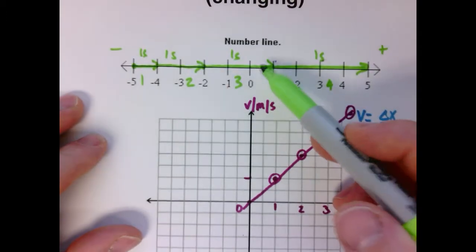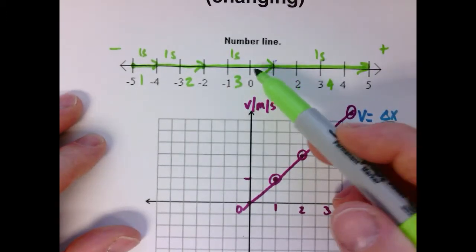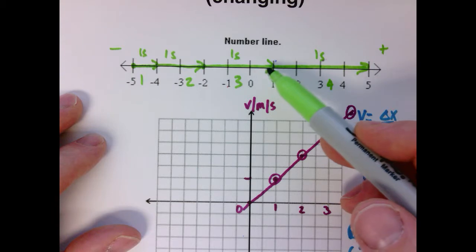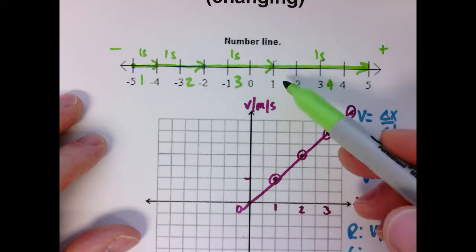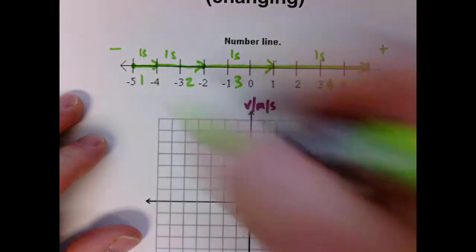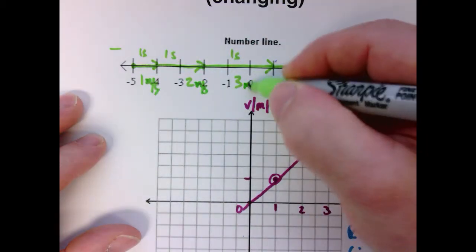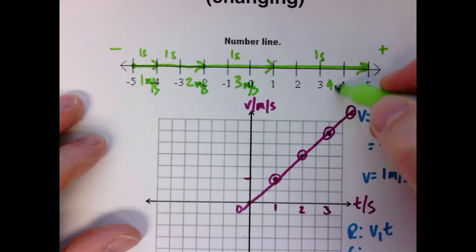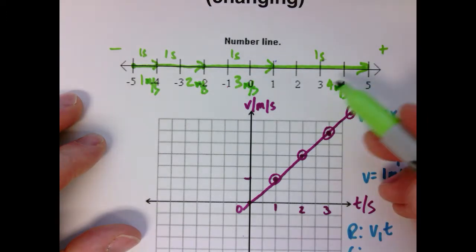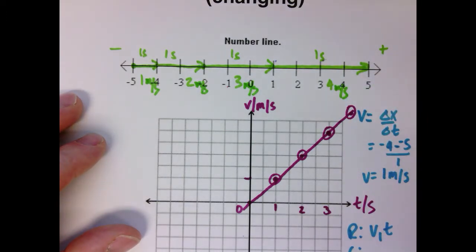What was happening is the speed was increasing by 1 meter per second every second. This is 1 meter per second. This is 2 meters per second. This was 3 meters per second. And this was 4 meters per second. So every second, the speed was increasing by 1 meter per second.